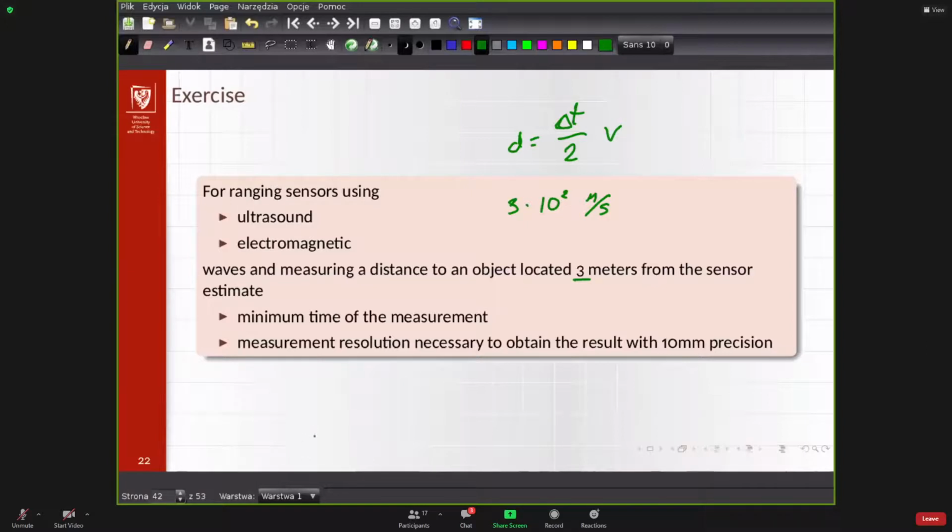Yeah, exactly. So we have like 20 milliseconds of the measurements.